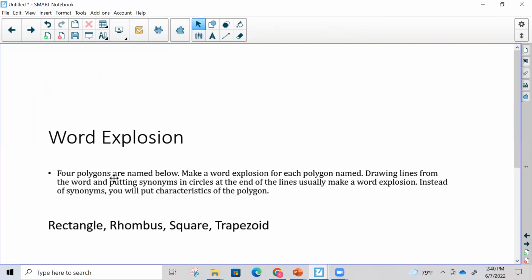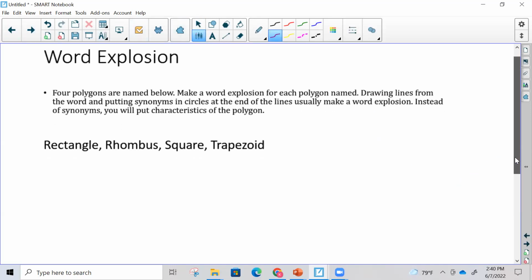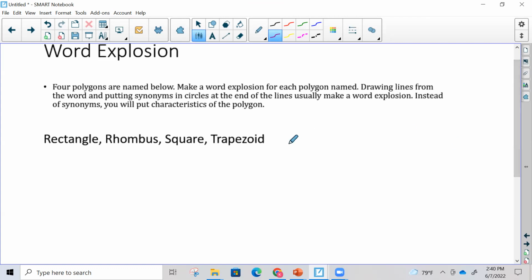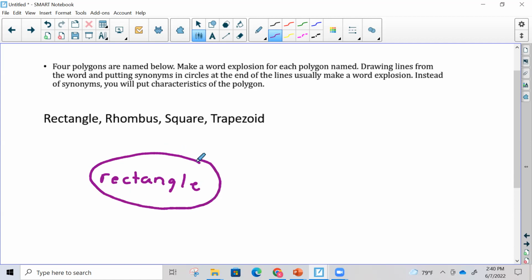Okay, so the last part of it asked you to make a word explosion, and I'm not going to do it for all of them, but it's just to help you review the properties of the quadrilaterals and maybe help you remember them. So when you do a word explosion for math, you would pick the quadrilateral you're talking about, so the rectangle, and you would put a circle around it, and then you would do branches around it with all the properties.